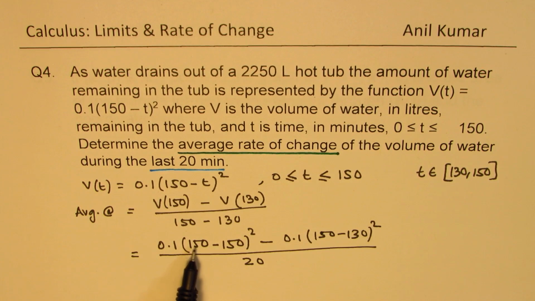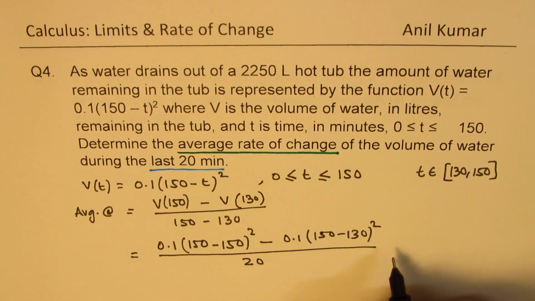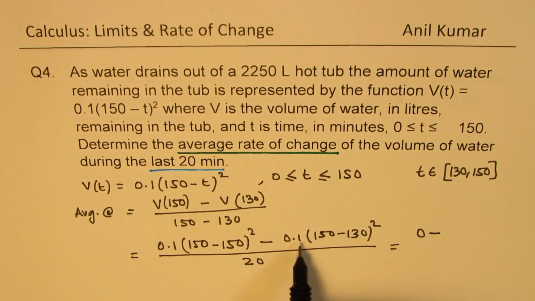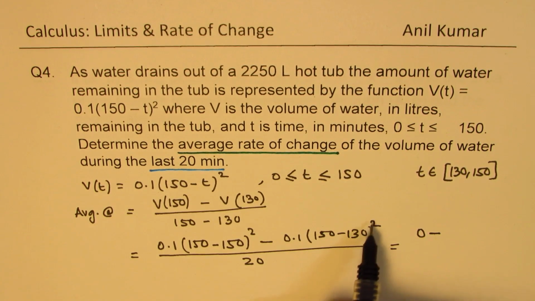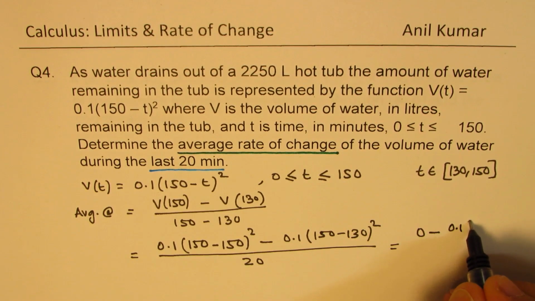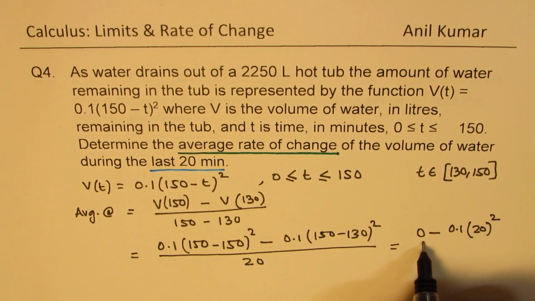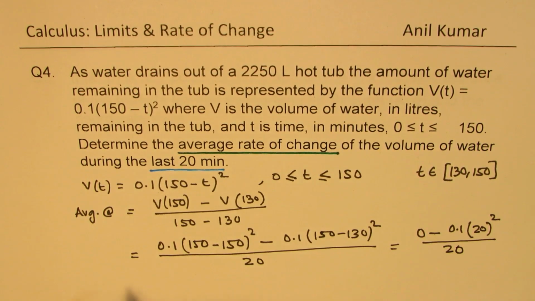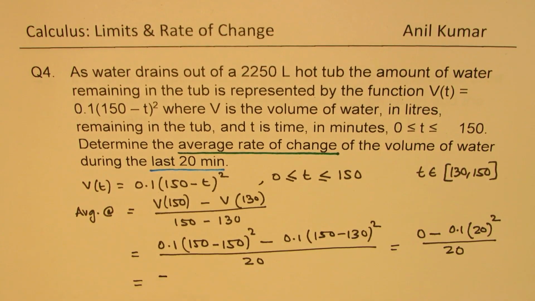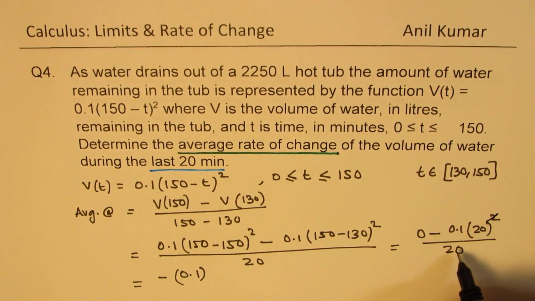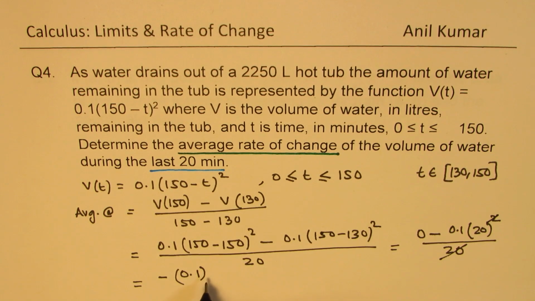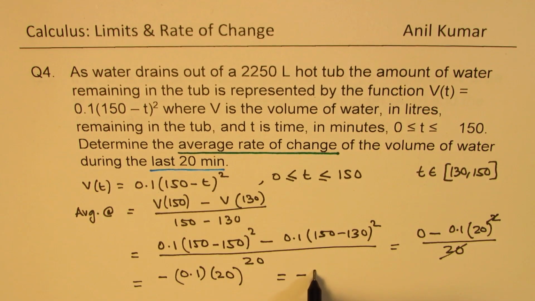So the first expression, 150 minus 150, is 0. So we get 0 minus, here we get 20, right? 0.1 times 20 squared over 20. Correct? So that is negative, of course. So we can cancel one of these 20s, right? So 0.1 times 20, correct? So that is minus 2.